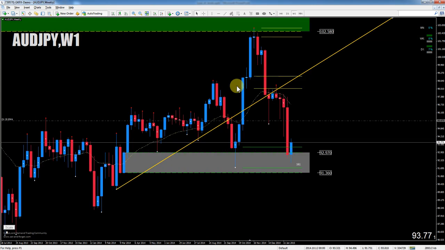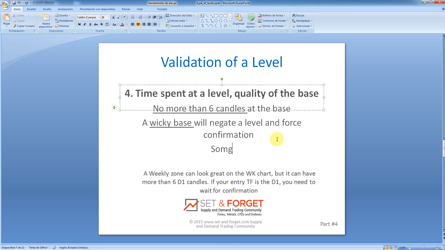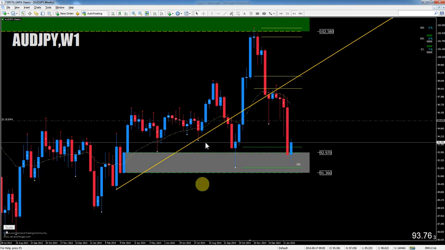Now when we look at the weekly, we've got a CP. So dojis, single doji candles, and this I haven't added here, it is in the lesson, single doji candles are lower odds. So when we've got single doji candles, we have lower odds.